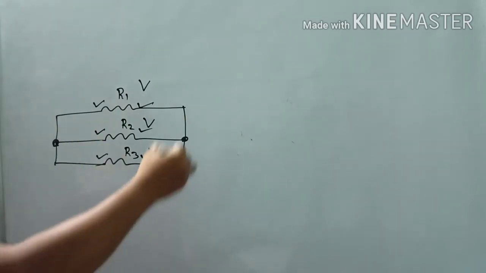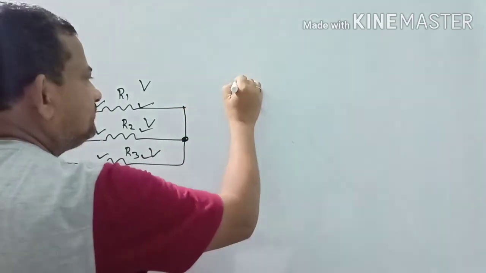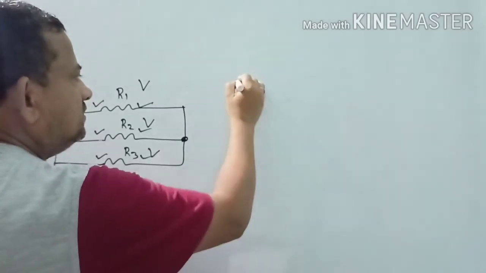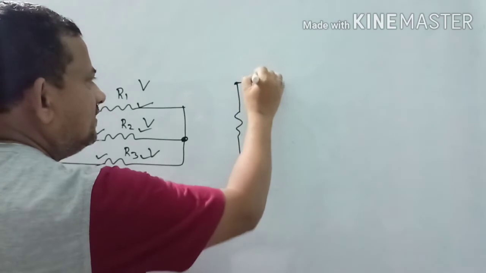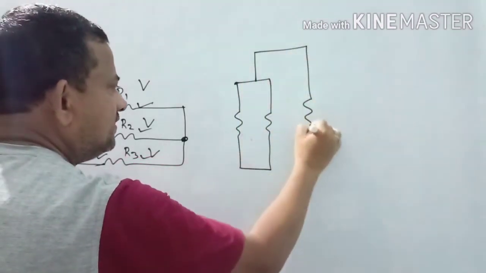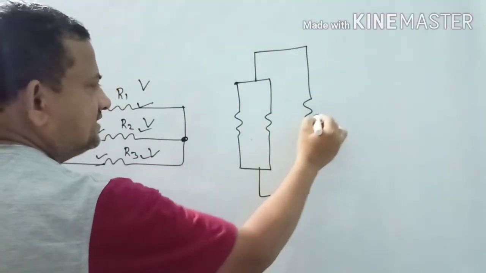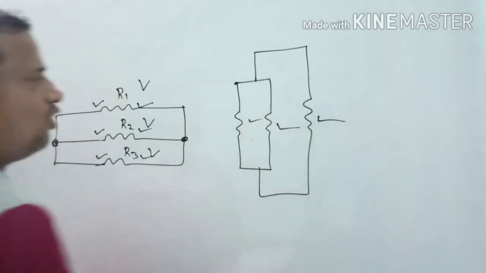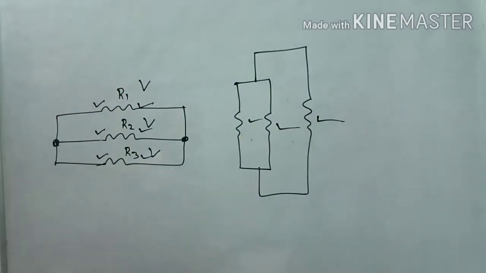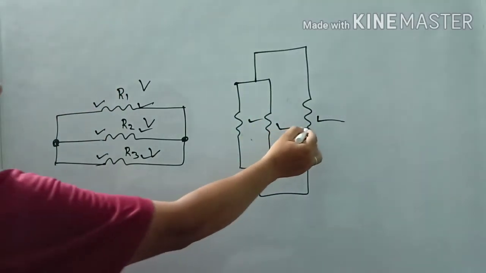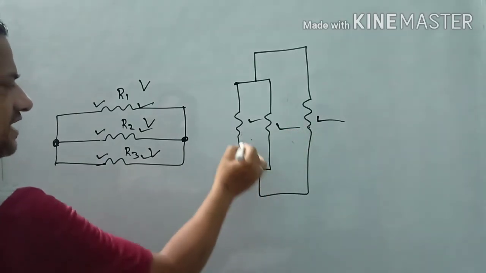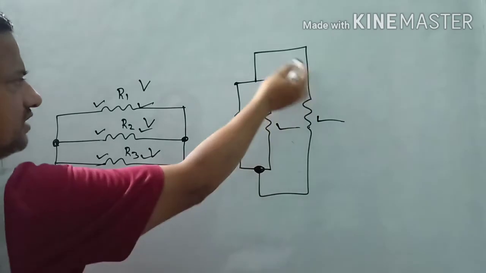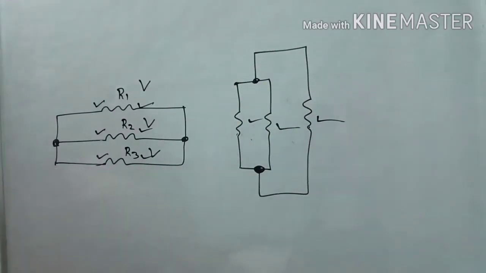Suppose I take like this. Same case, these three are also connected in parallel. You see this end, this resistance has this end, so all are connected together, here all are connected together. So this is the case of parallel.